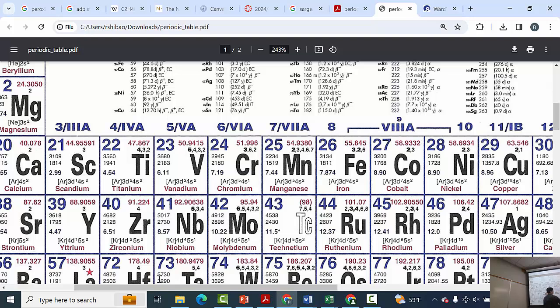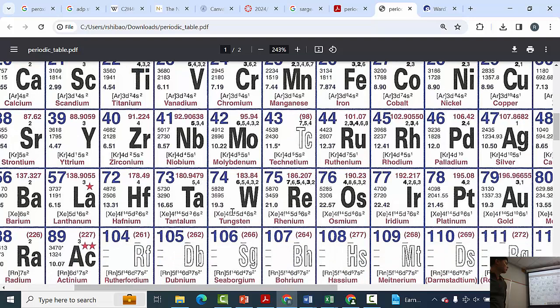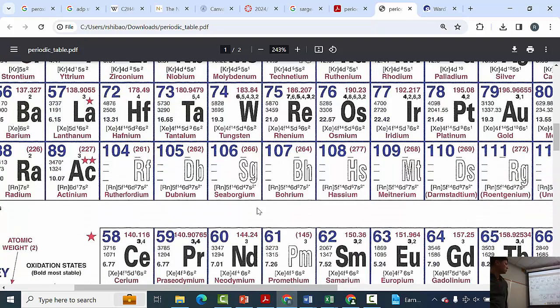Technetium, plus 7. Interesting, technetium is another one that's used for treating cancer. It's radioactive. You see, this shows this Tc is hollowed.